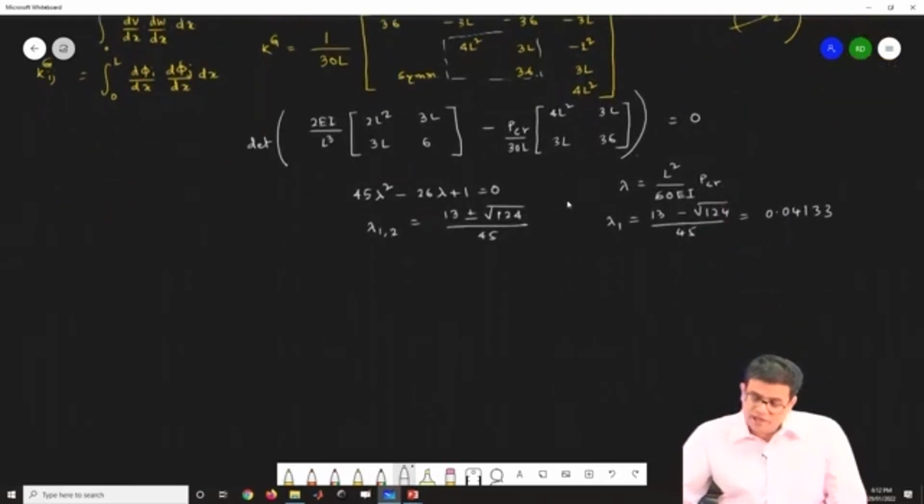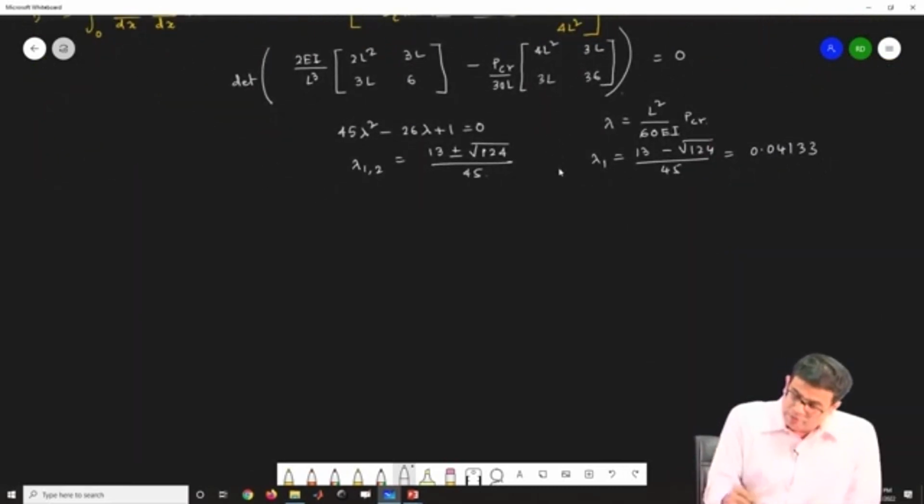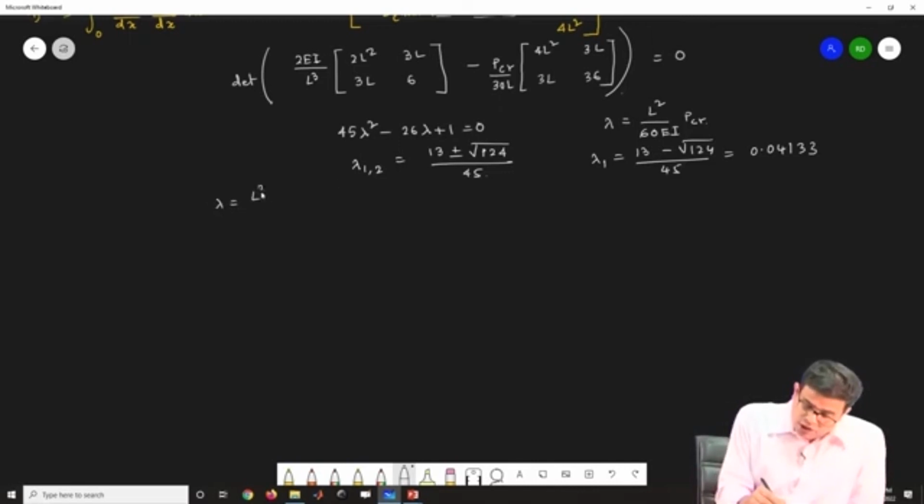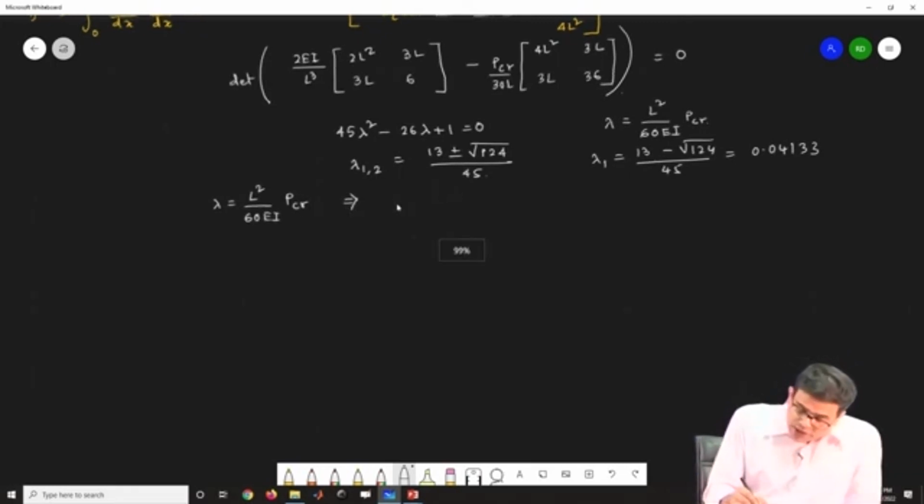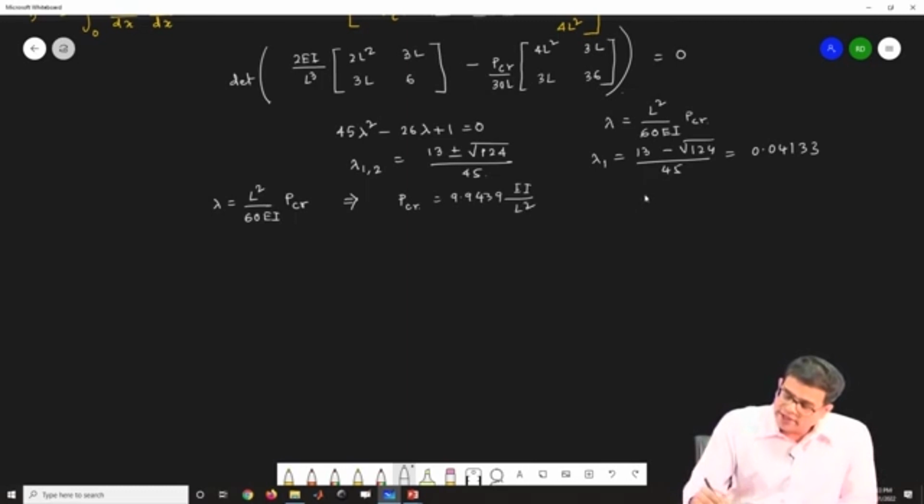Now, if I use this lambda to compute the critical load, PCR will come around 9.9439 EI by L square, where the exact one, as I told you earlier, is I think 9.87 EI by L square.